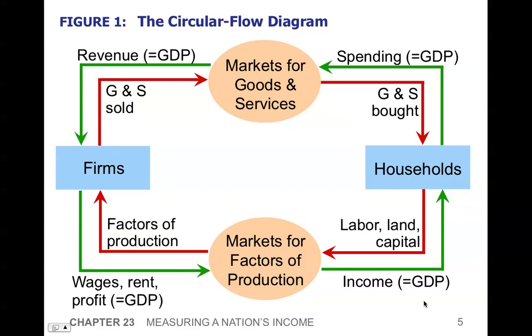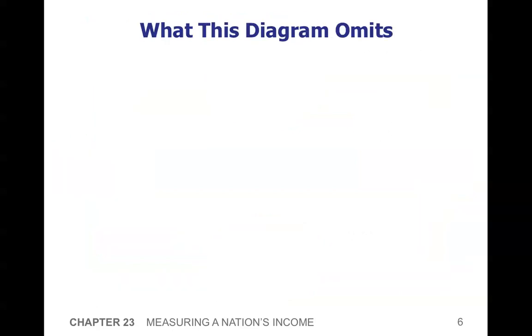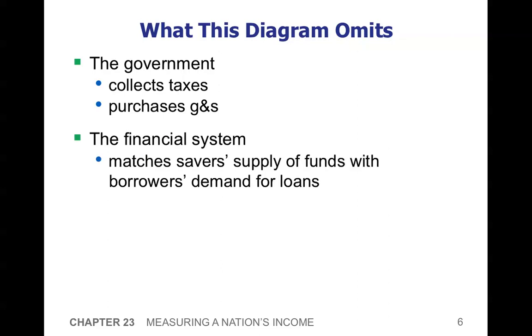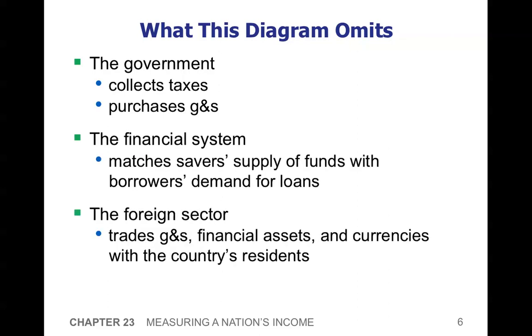Generally, we look at the expenditure approach, the amount of total spending on GDP. There are some slight differences between the two, but they're not important right now at the principles level. Okay, what this diagram omits, it omits the government, the financial system, and the foreign sector.